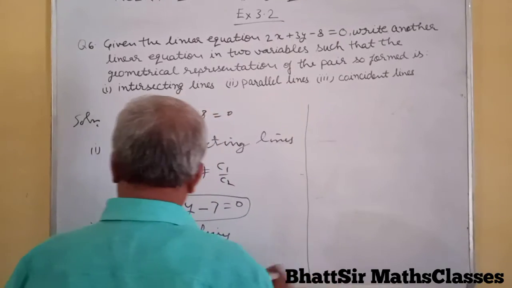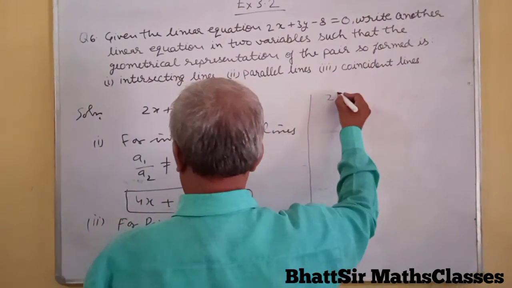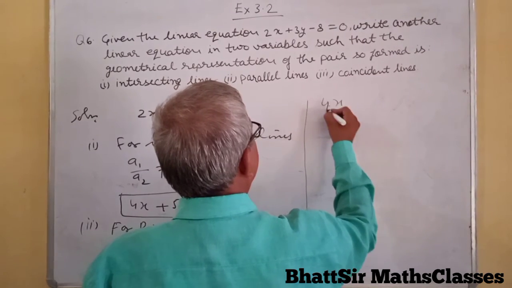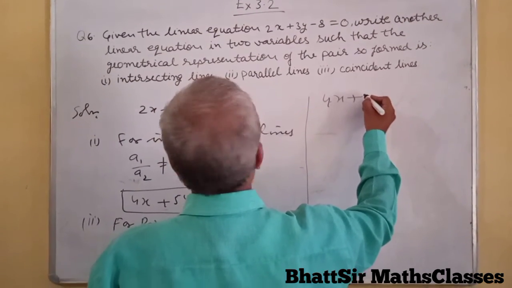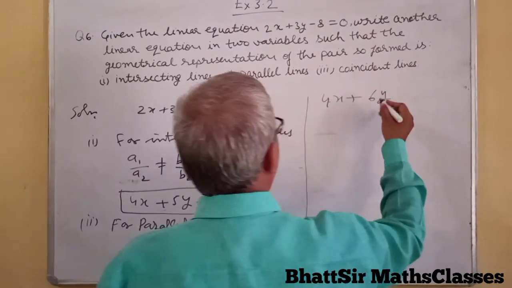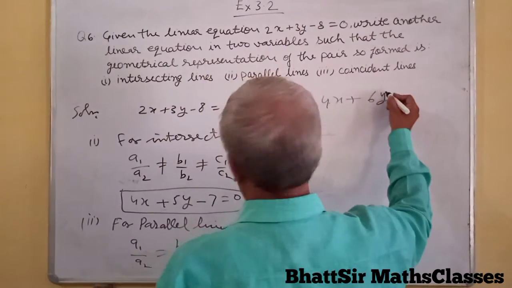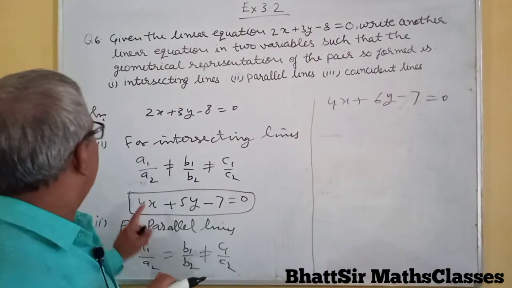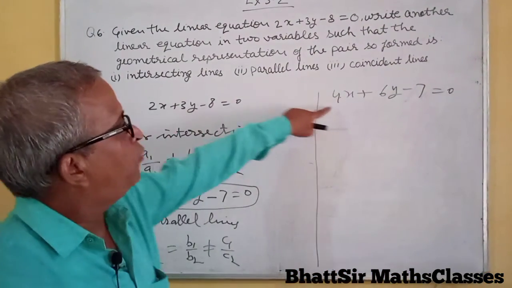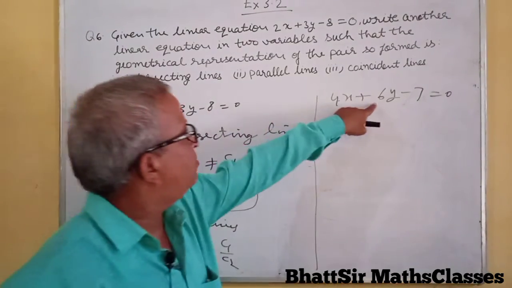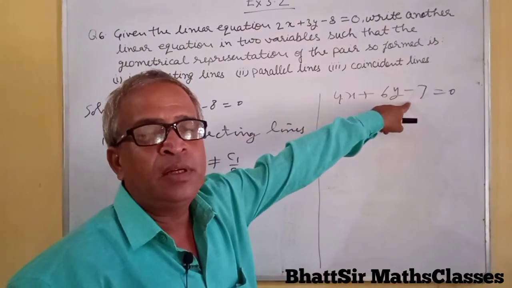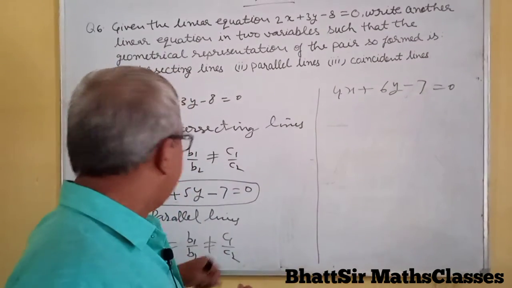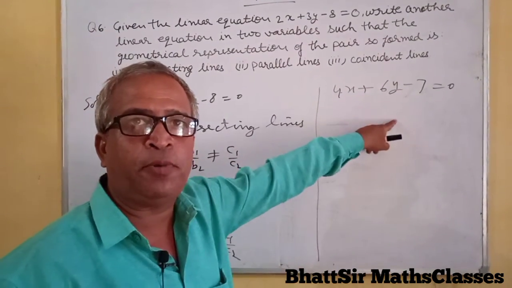So another equation is 4x plus 6y minus 7 equals 0. This equation satisfies the condition: 2 upon 4 is 1 upon 2, 3 upon 6 is 1 upon 2, and 8 upon 7 is different. So a1 upon a2 equals b1 upon b2 is not equal to c1 upon c2.